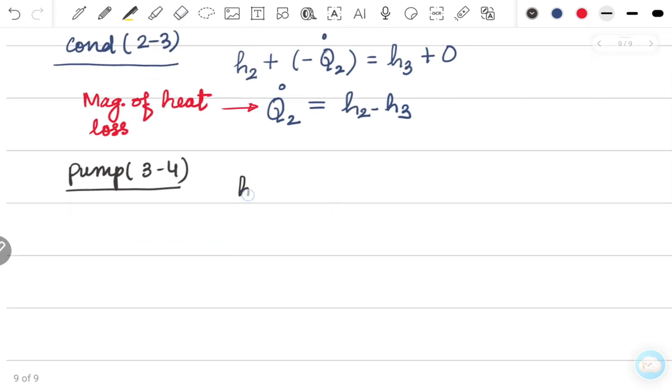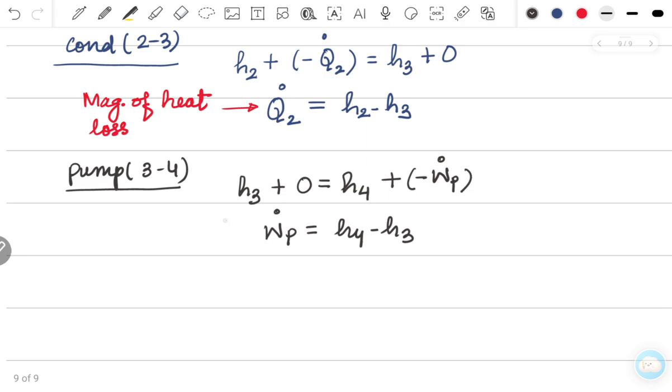Energy entering H3, no heat transfer because this is reversible adiabatic, and energy exiting with H4, and then the shaft work, and this time it is work done on the system, so it is minus. So W dot P is nothing but H4 minus H3. Again, this is just the magnitude of pump work. Pump work is done on the system, that's why we have taken this negative sign here. Okay.